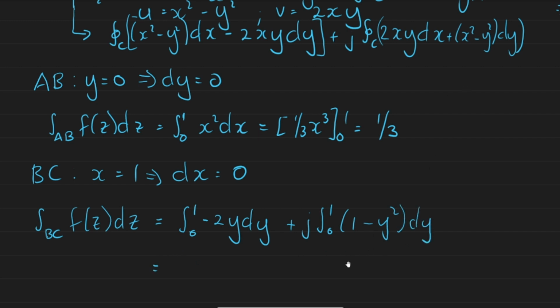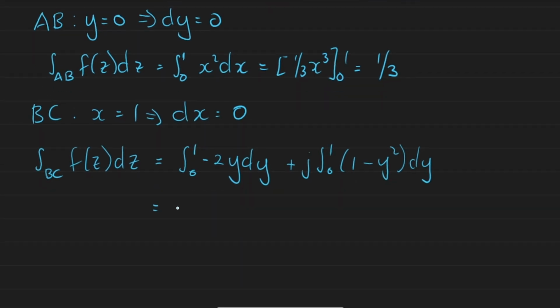And if we continue with this, we get minus y squared, if we integrate minus 2y going from 0 to 1, and then plus j. The integral of 1 is just y, and the integral of y squared is 1 over 3 y cubed, also going from 0 to 1.